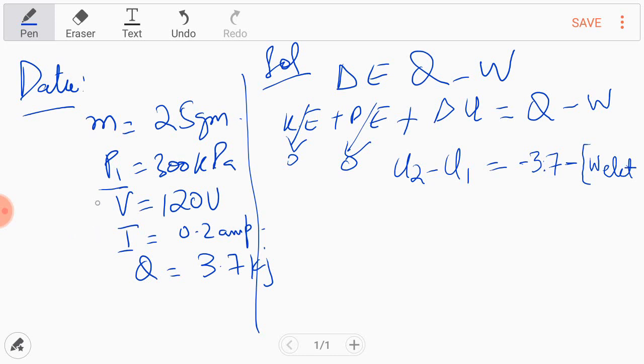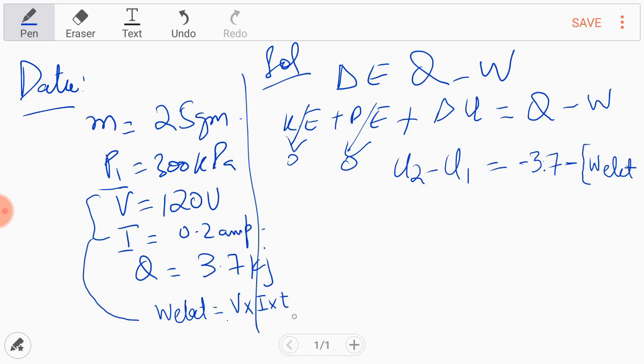So it is also a form of energy. And what is the formula for the electrical energy, W electrical? It is voltage times current multiplied by time.